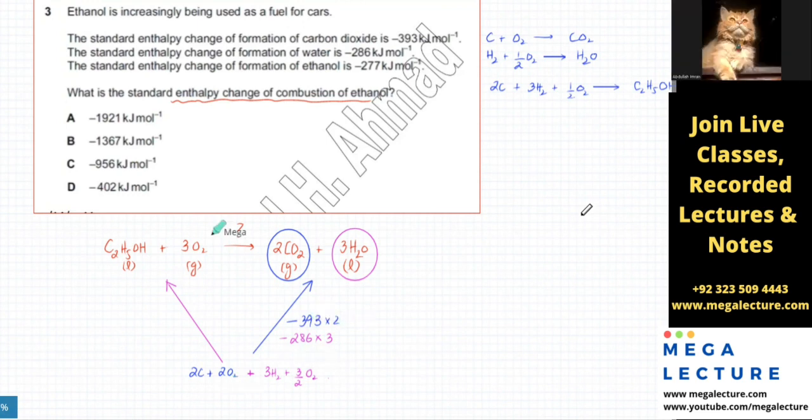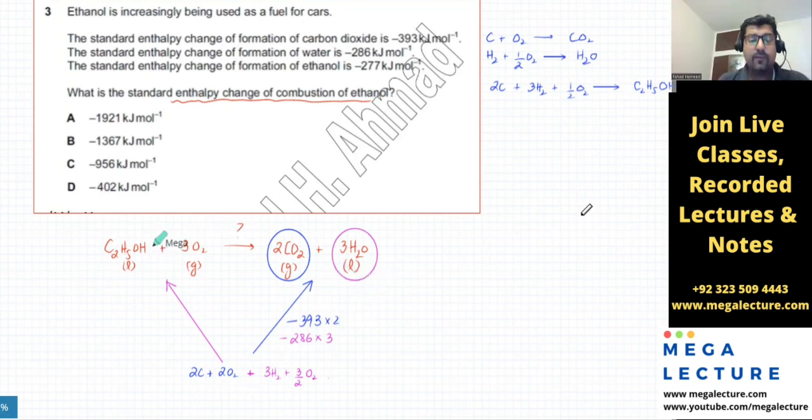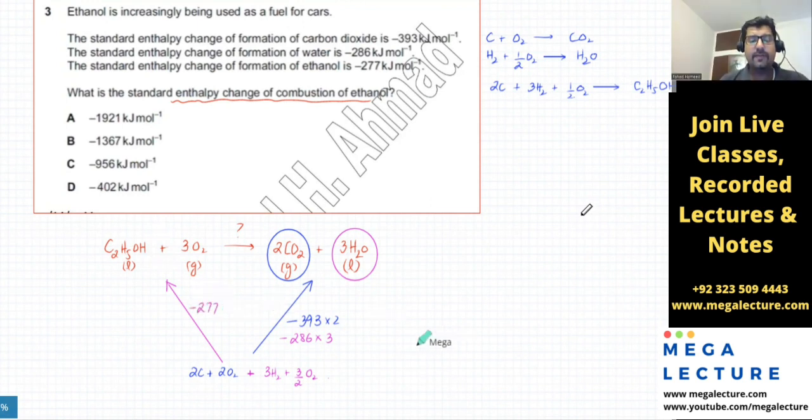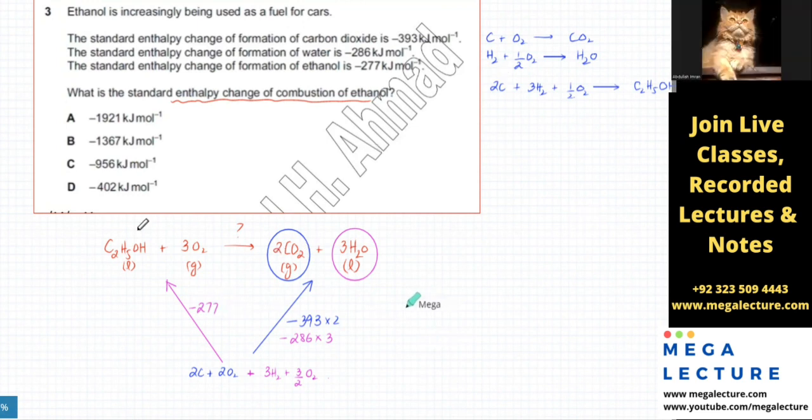You'll still be left with O2. So that's forming 1 mole of ethanol. And the energy required for that is minus 277, and you're only forming 1 mole of ethanol. So my cycle is complete now. I've created the cycle now.